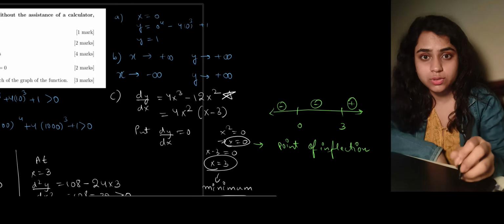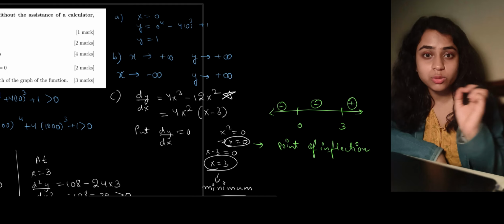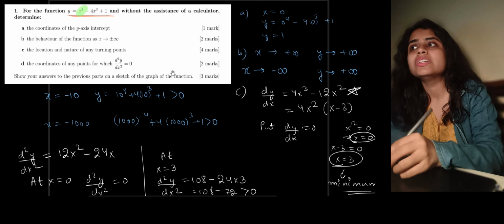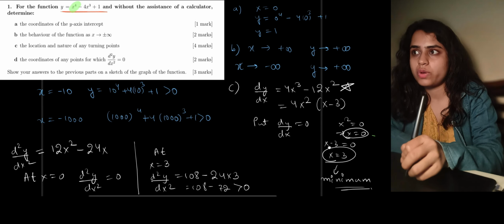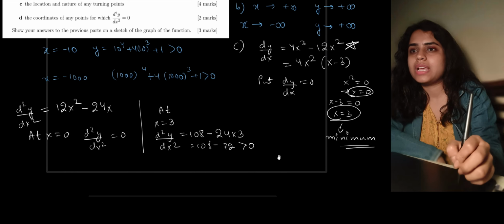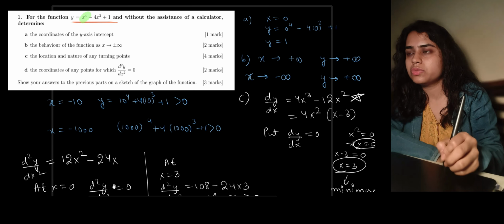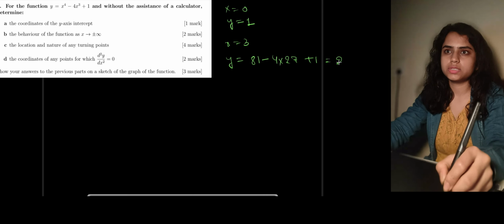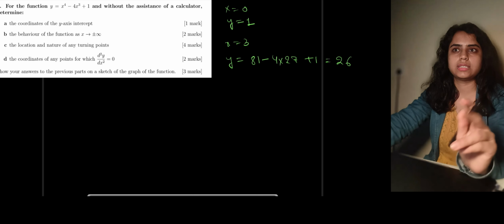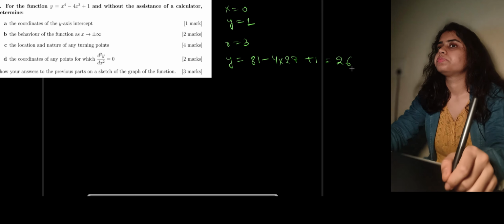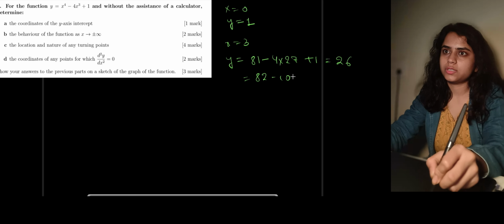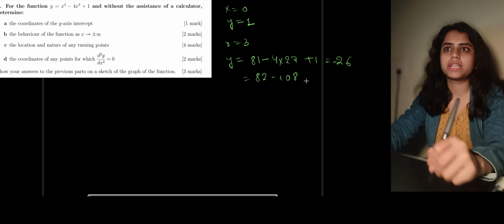That x is equal to 0 is just the x coordinate, not the point. But what does the question ask us to do? Find the location of each of the turning points. So I'm going to take it on a fresh sheet. At x equal to 3, 81 minus 108 is negative 27.